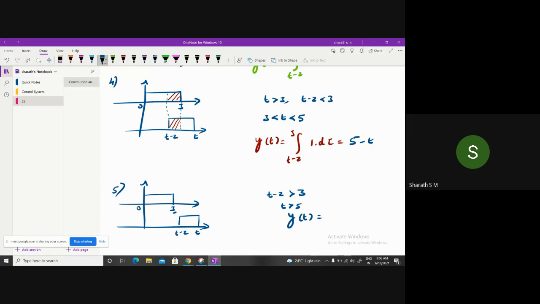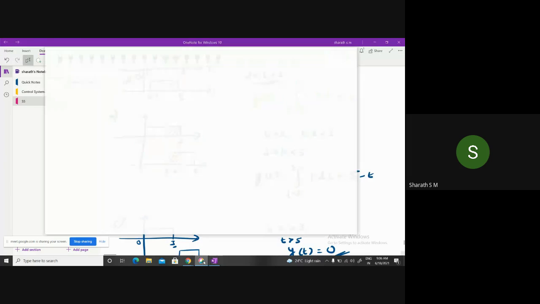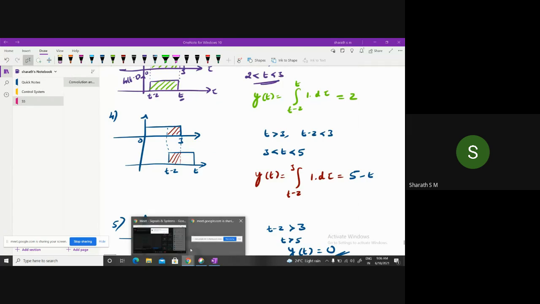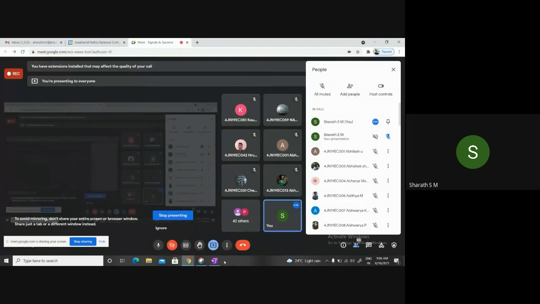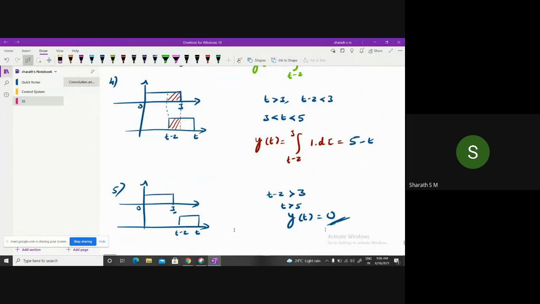So that is y of t is equal to 0. So t is greater than 5. So that is y of t is equal to 0.